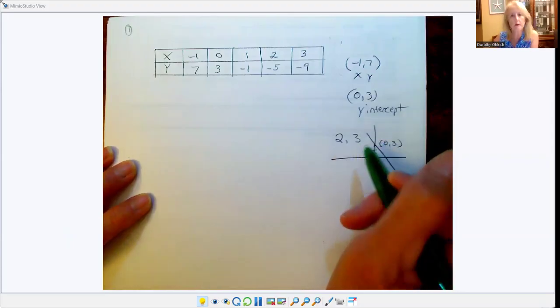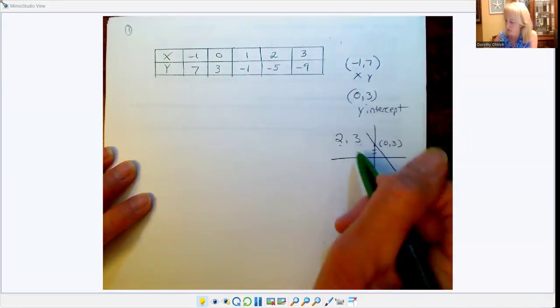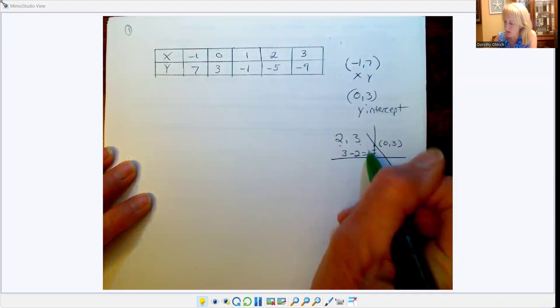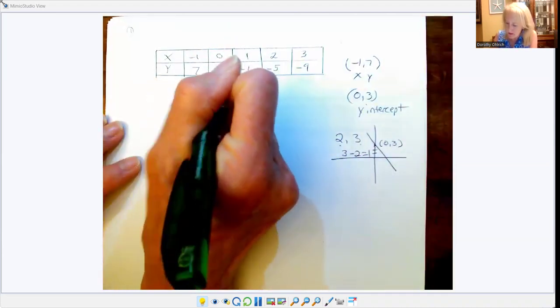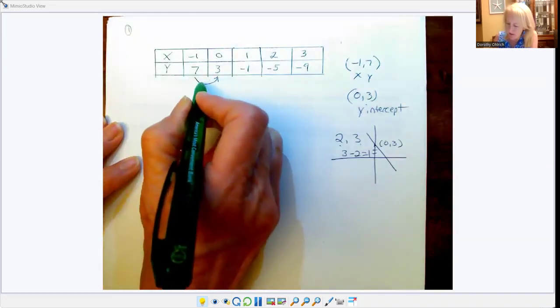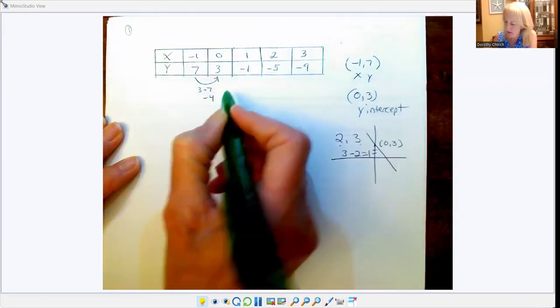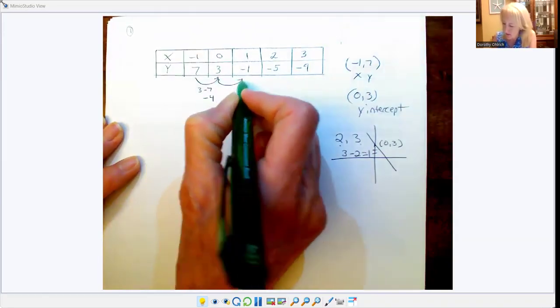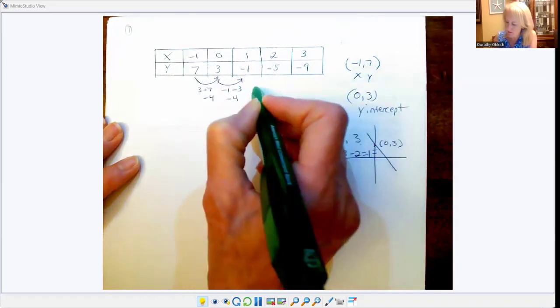You take the second number and subtract the first: 3 minus 2 is up +1. So here, going from 7 to 3, I'm going to do 3 minus 7. That's -4, right? -1 minus 3 is -4.